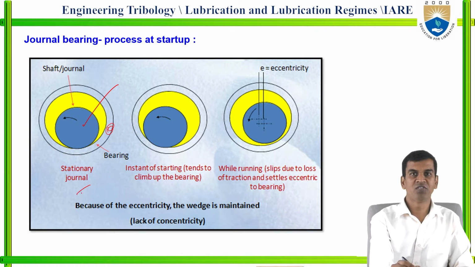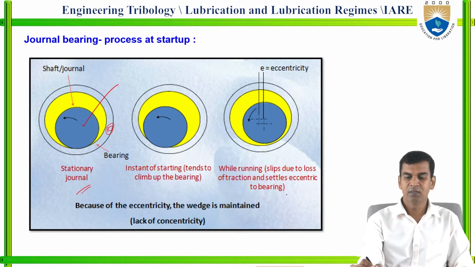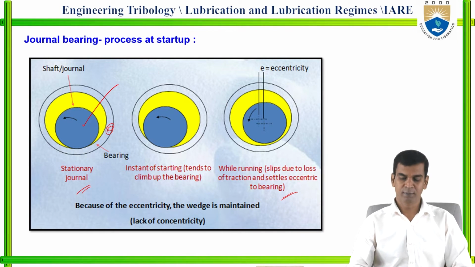This one is the stationary journal, and instead of starting like this, while running you will have this one. Because of the eccentricity, the wedge is maintained; lack of concentricity maintains the wedge.